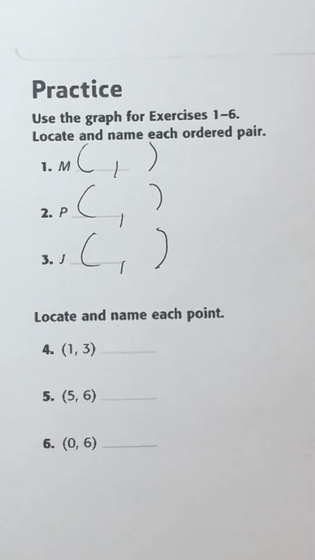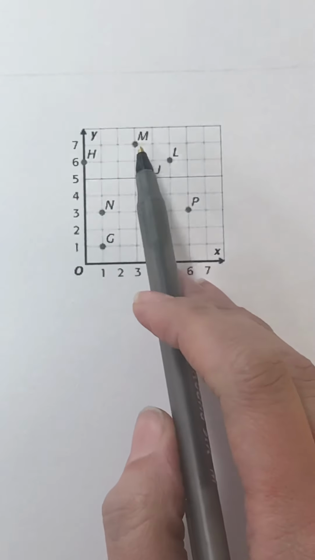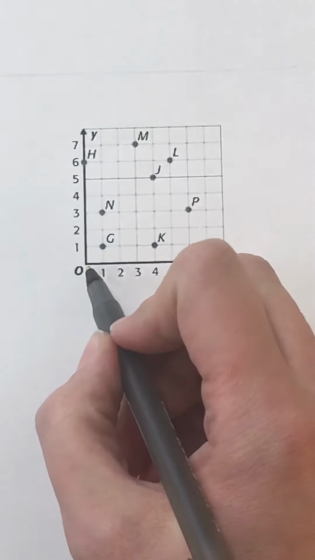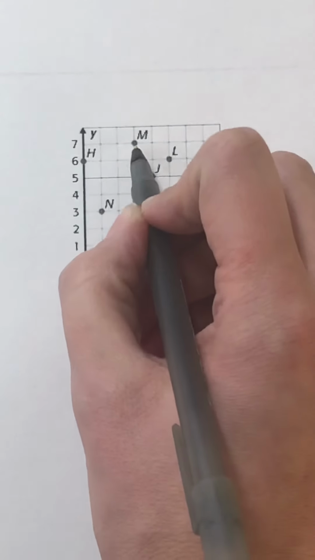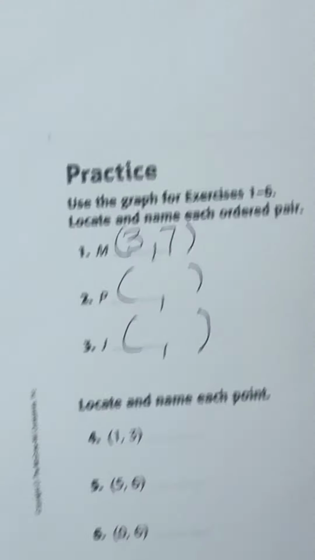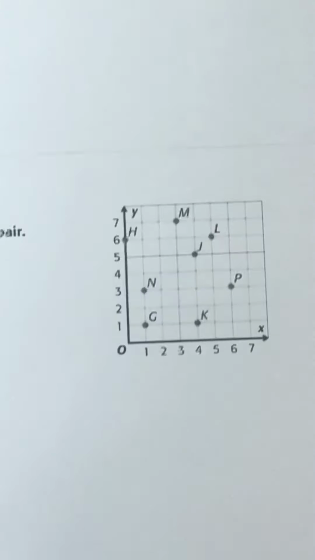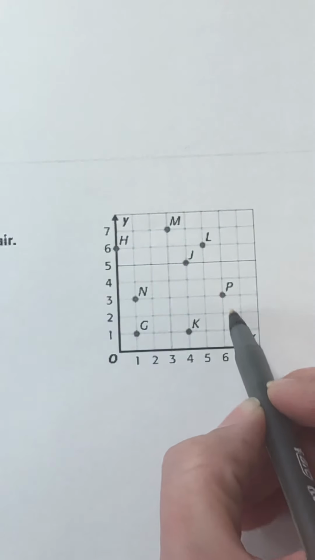So let's look for M. M's right there. We need to go over first, remember, 3, and up 7. So it's 3, 7. Don't forget, go in the elevator first, then you go up. Next one is P. You go over 6 and up 3.